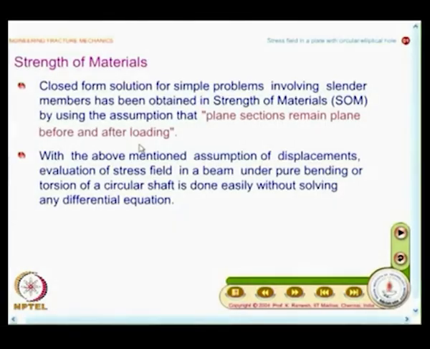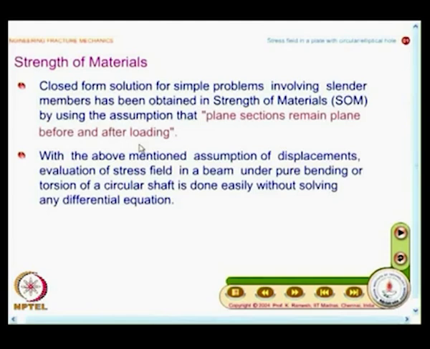If you look at the whole course of strength of materials, you avoid solving differential equations. It is a first level course in solid mechanics. You are able to avoid solving differential equations by making a very important assumption about the displacements: plane sections remain plane before and after loading.